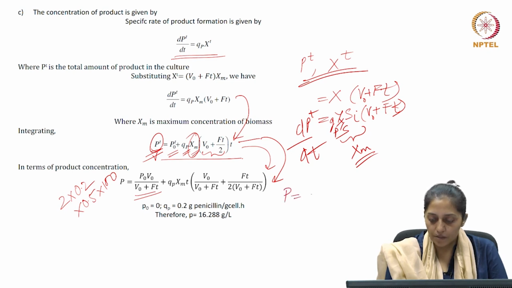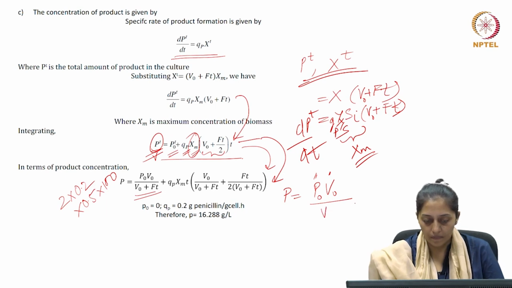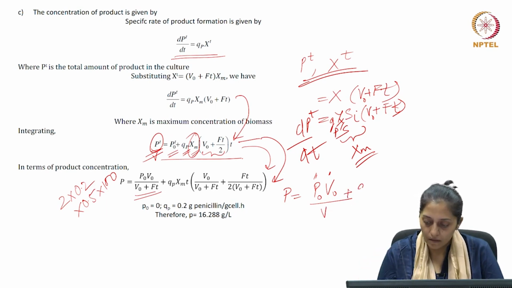So, your final concentration of product will be the initial concentration multiplied by the initial volume divided by the final volume, plus Qp, the final biomass concentration, times time, times the initial volume plus Ft.